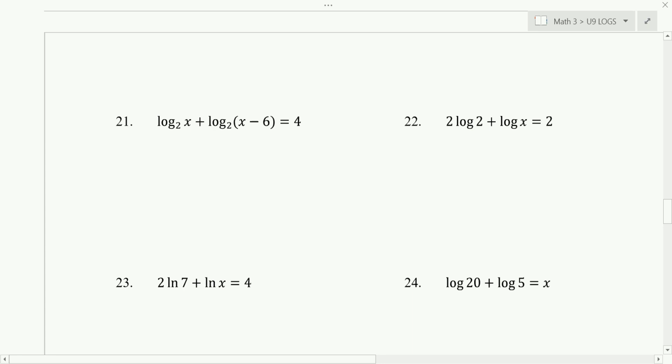Number 21, use the product property. Then change it to exponential form. Two to the fourth is 16. I'm going to multiply out or distribute. It's quadratic, so set it equal to 0.